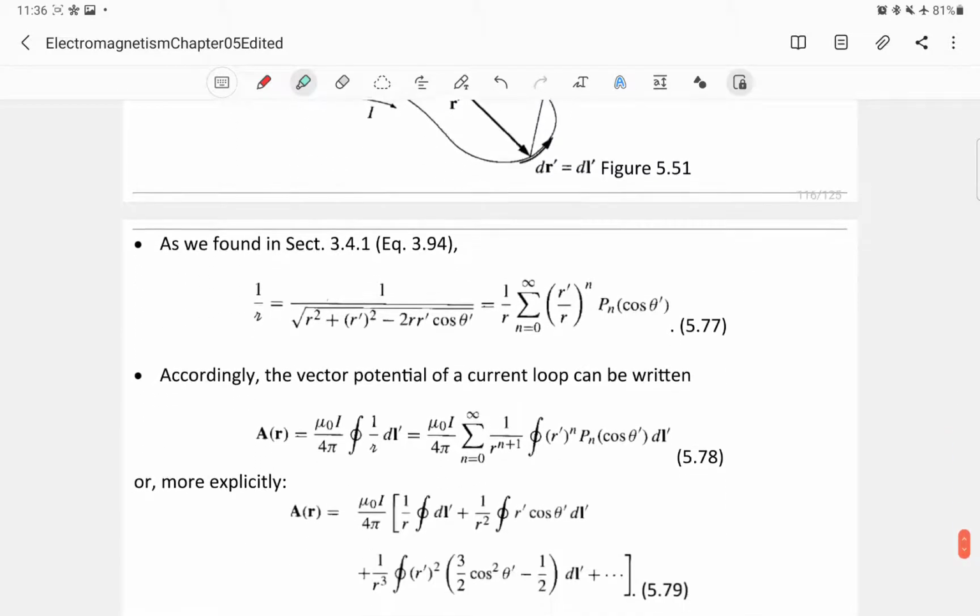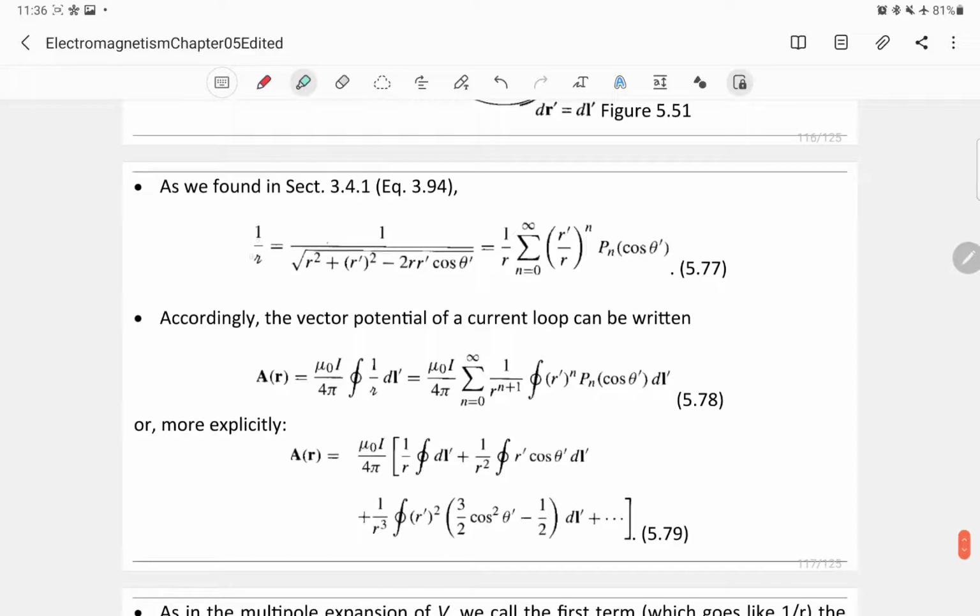So if this is your r, this can be written as this one, or in terms of series, you can also write this in terms of the Legendre polynomial, as we have studied in chapter 3. So accordingly, you can write your vector potential as this one here.